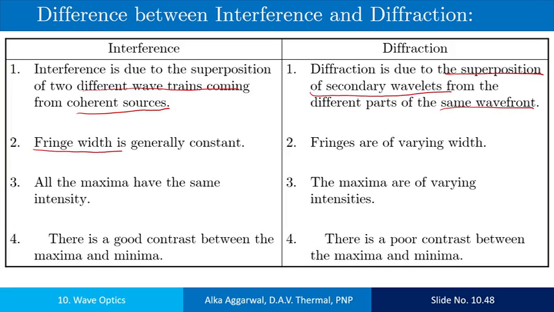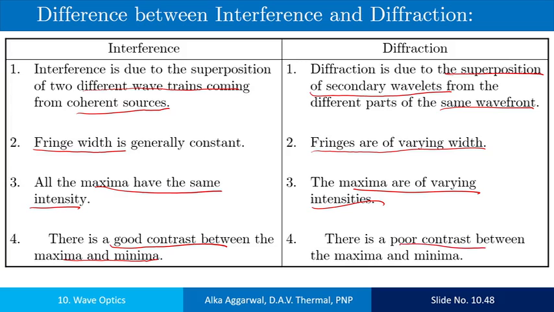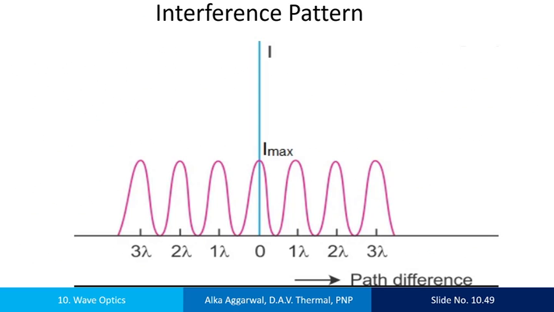In interference, the fringe width of all the bright and dark fringes is almost the same. In diffraction, the fringes are of different width. In interference, all the maxima have almost the same intensities. Maxima in diffraction are of different intensities. In interference, there is a good contrast between the maxima and minima. In diffraction, there is a poor contrast between the maxima and minima.